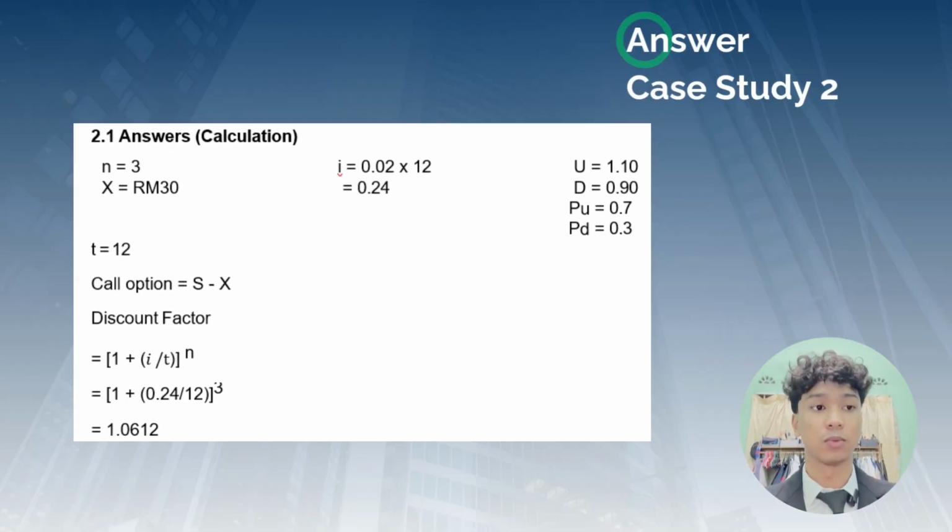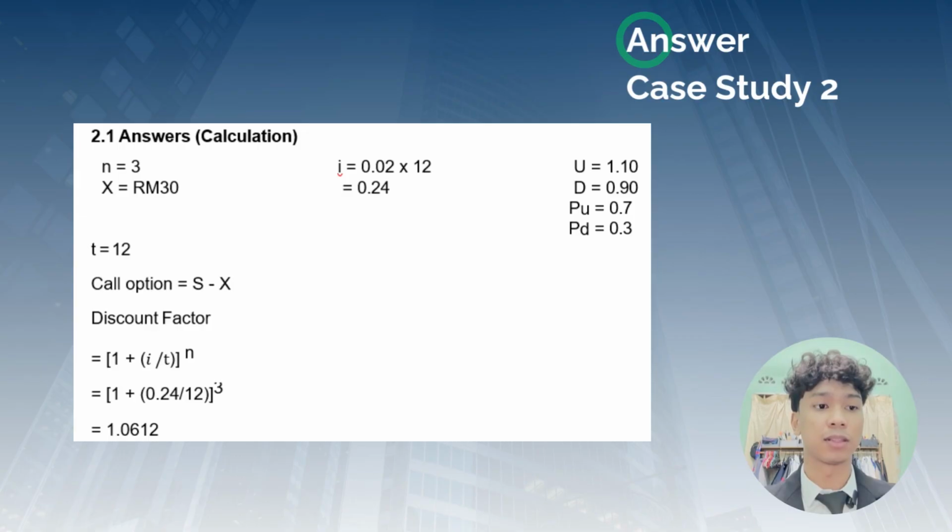From case study 2, the question is: a call option has the following characteristics. The strike price or exercise price K is RM30. The current stock price S0 is RM35.5.